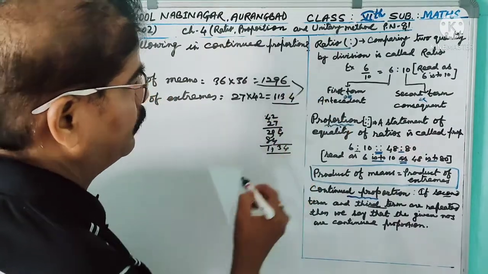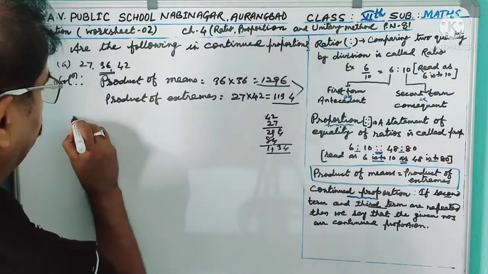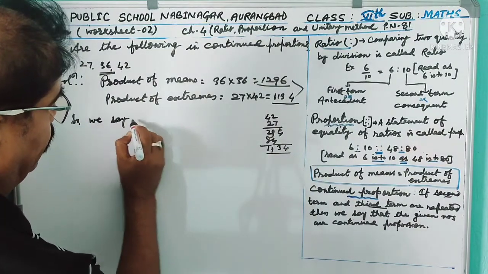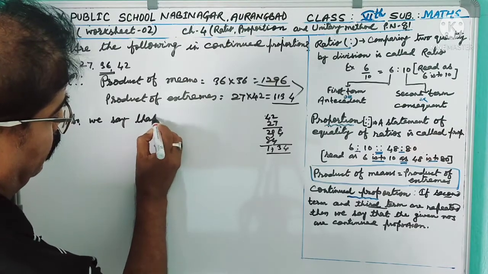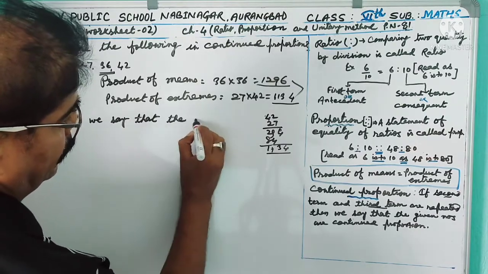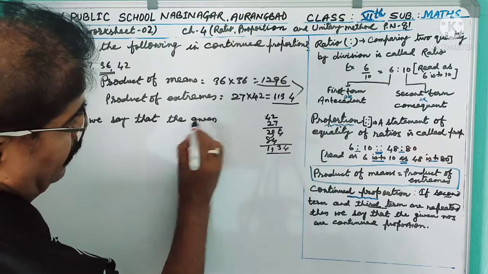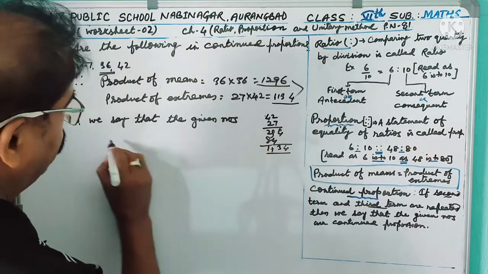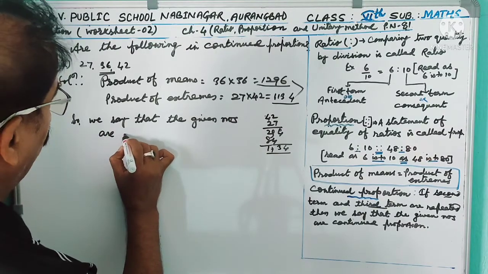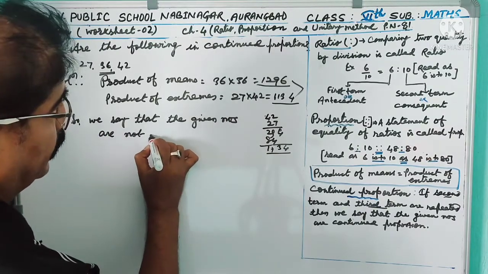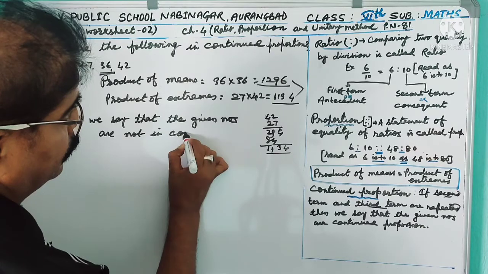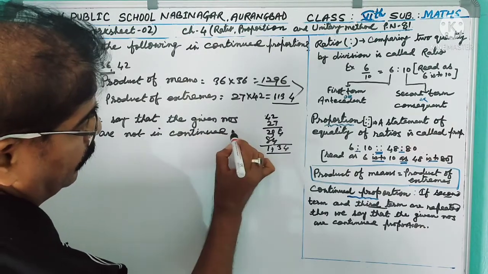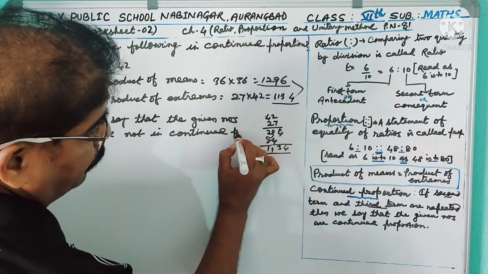Both are not the same. So we say that the given numbers are not in continued proportion.